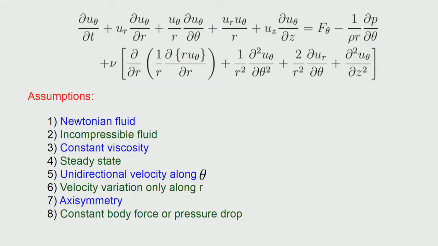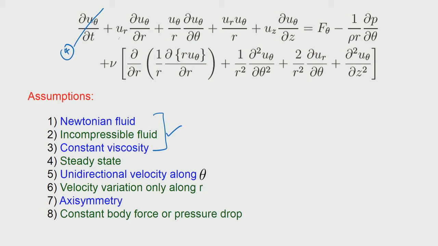So, the equation that we need to solve is here. We already wrote the equation for a Newtonian fluid, for an incompressible fluid which also has constant properties. So, that equation is already assuming the first three assumptions. So, we assume that the steady state is applicable, and then unidirectional velocity along theta.